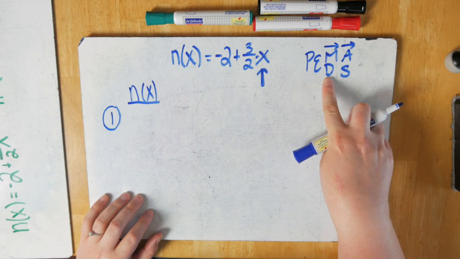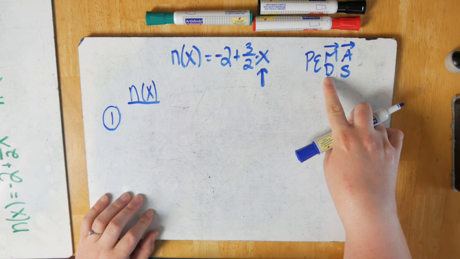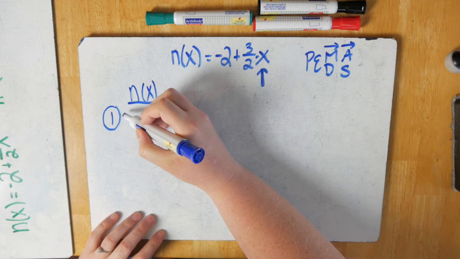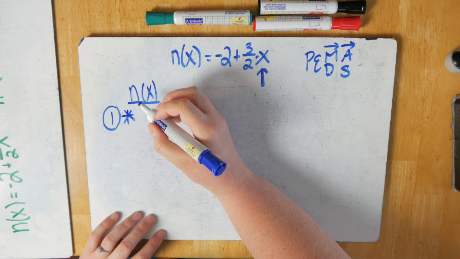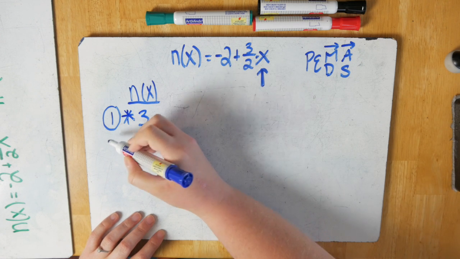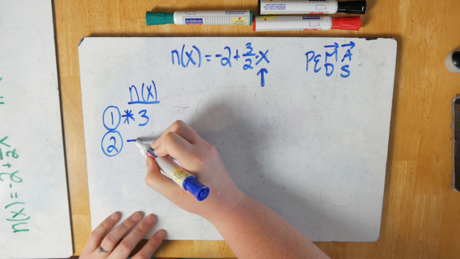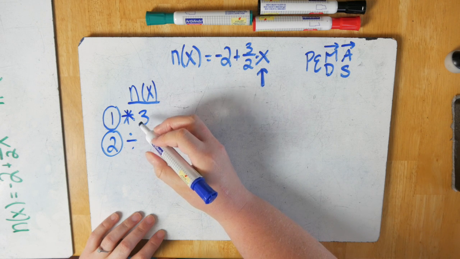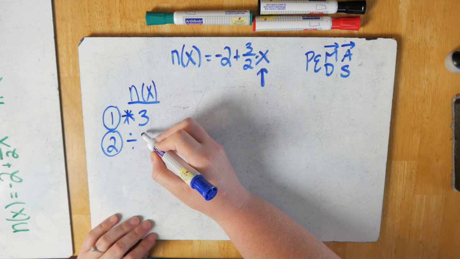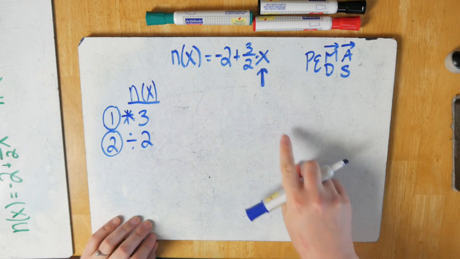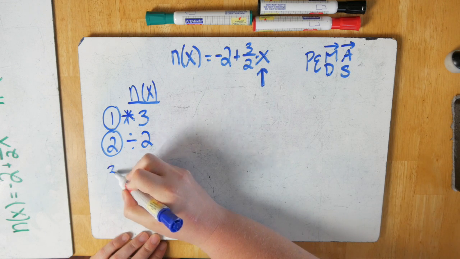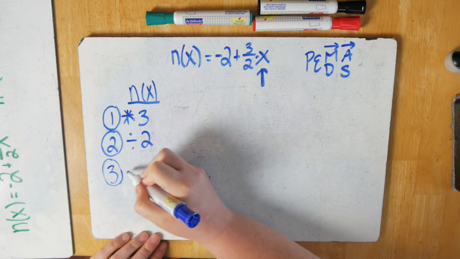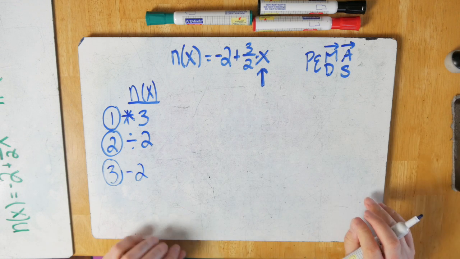Because multiplication and division happen at the same time from left to right, first we would multiply the input value by 3. Then second, we would divide that input value by 2. And then the last thing that would happen is we would add -2, which is just subtracting 2.